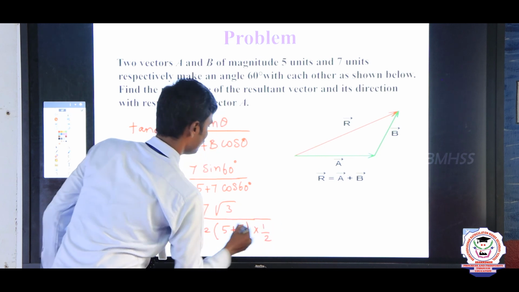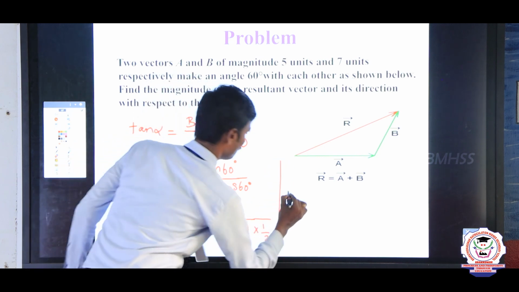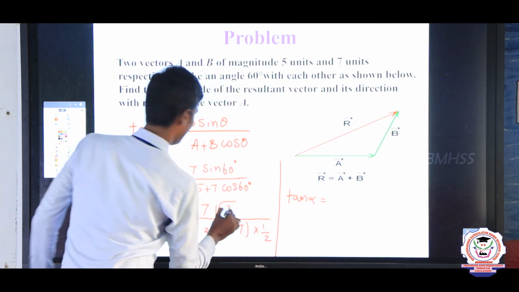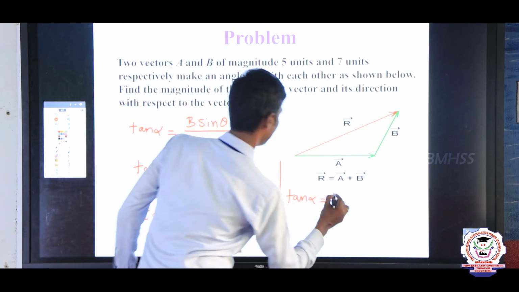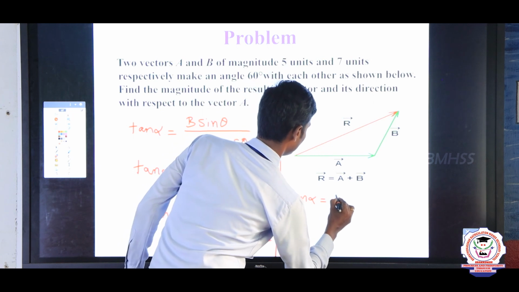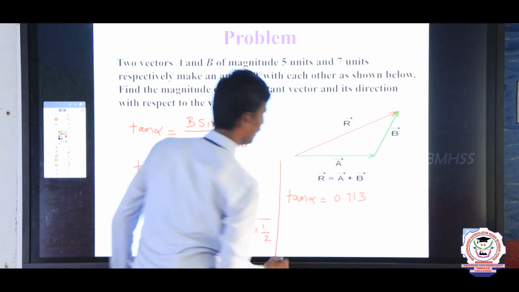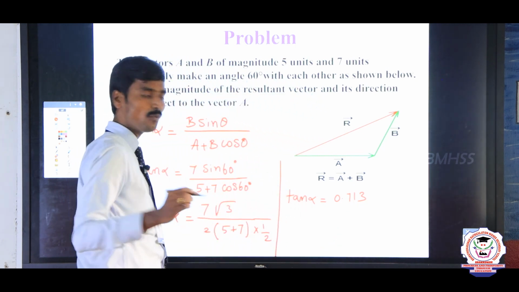Okay, simplify this value, we will get the answer tan alpha equal to 0.713. So alpha only we need, no?